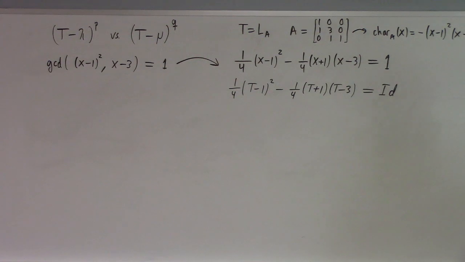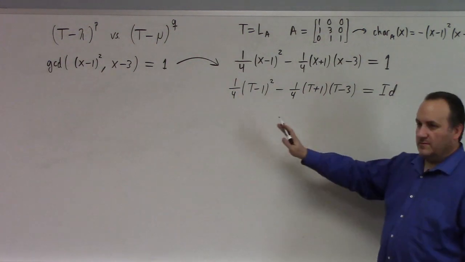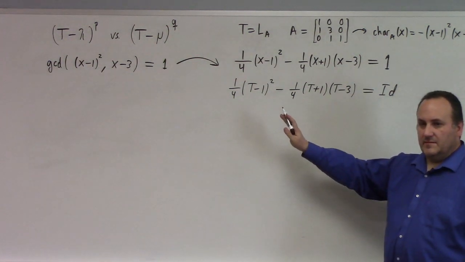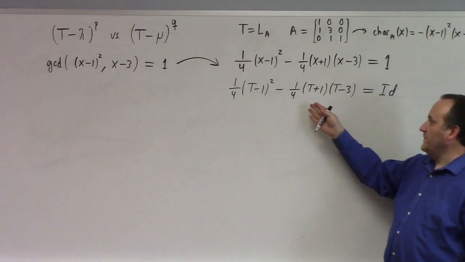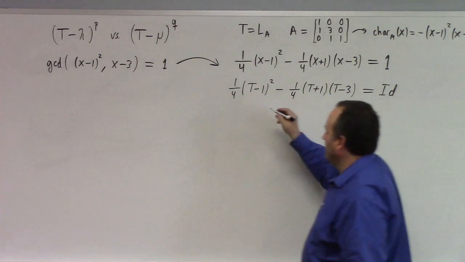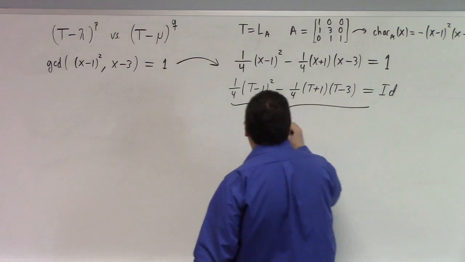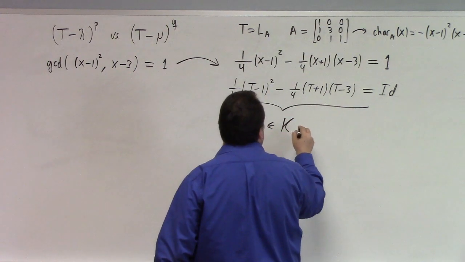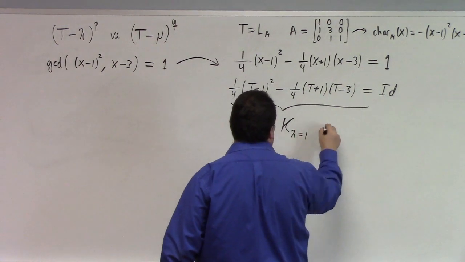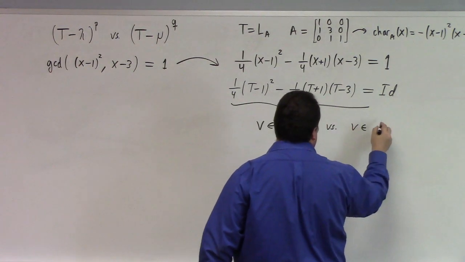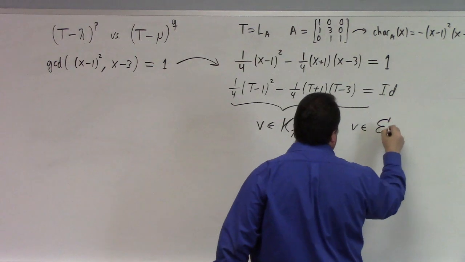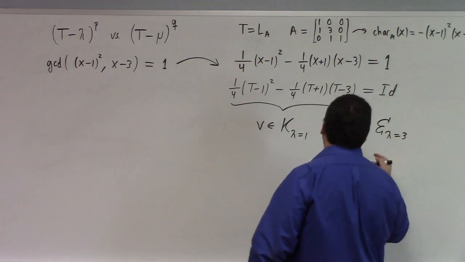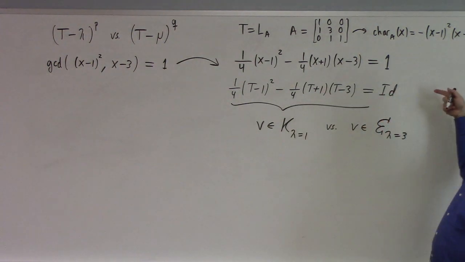So what happens here? If you think about how this formula works, think about what if you have V in the generalized eigenspace with eigenvalue lambda equals 1, versus, say, V an element of the eigenspace with lambda equals 3. How do those two different kinds of vectors behave as you hit them?